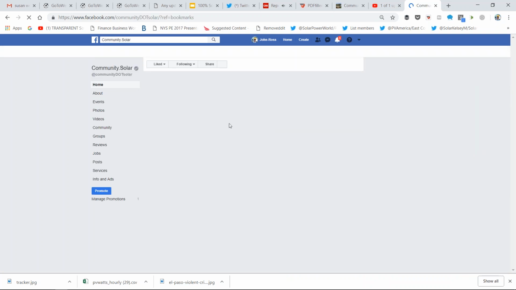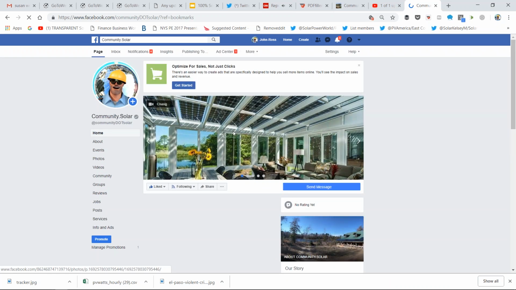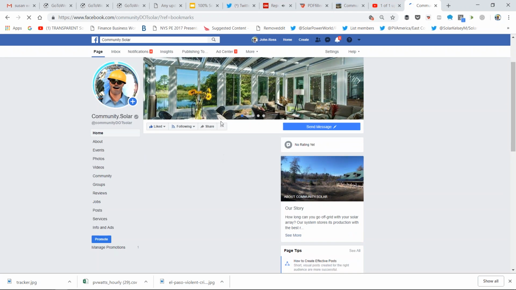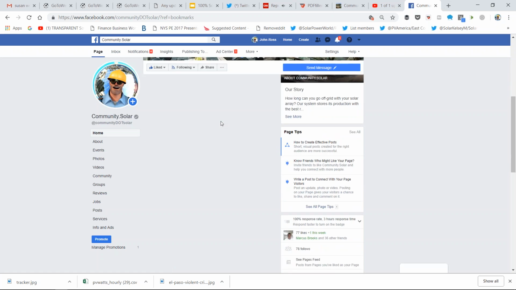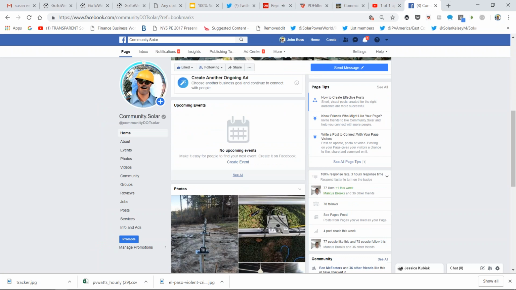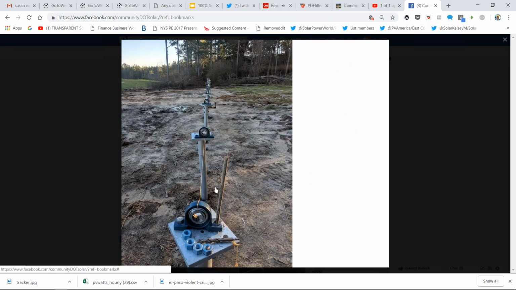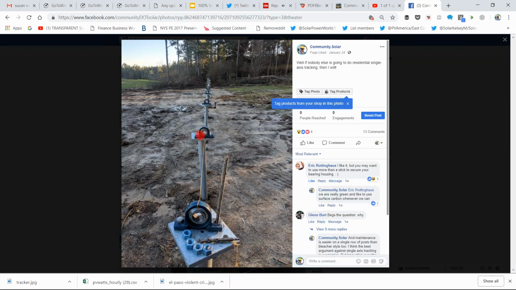And so we went and built one to kind of demonstrate that yes, indeed, it's possible to do residential single axis tracking. This was the prototype. We used helical piles going in. This was the one that we didn't hand guide, so you could kind of see it went in a little crooked.